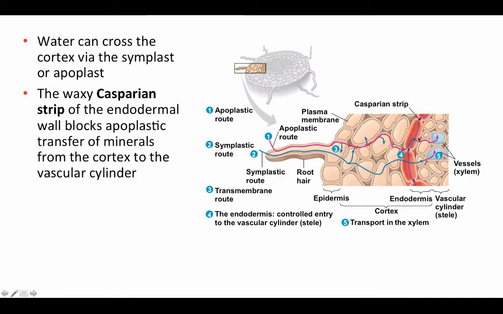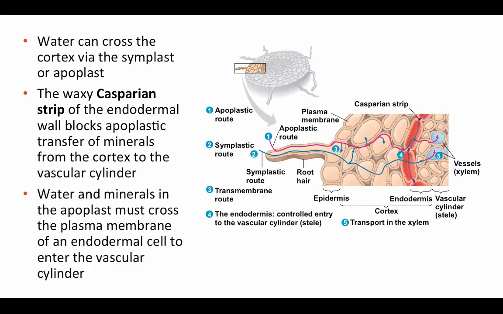Once they get to the endodermis surrounding the vascular cylinder, there's going to be a waxy material surrounding this endodermis called the Casparian strip. The Casparian strip is impermeable to water or minerals, so everything is completely blocked at that point. So water and minerals that are in the apoplast, outside of the cells, have to cross into the endodermis cells across the cell membrane to be able to enter the vascular cylinder.